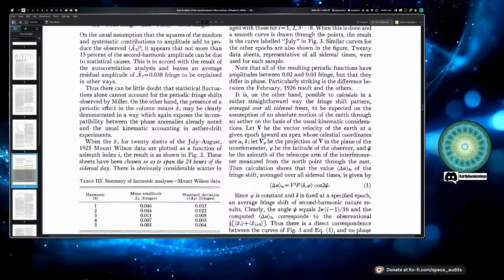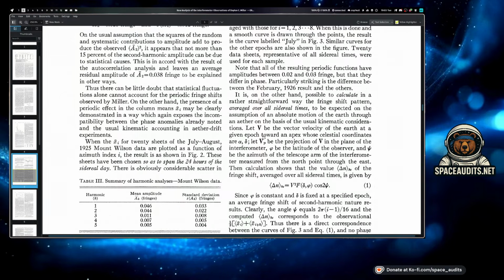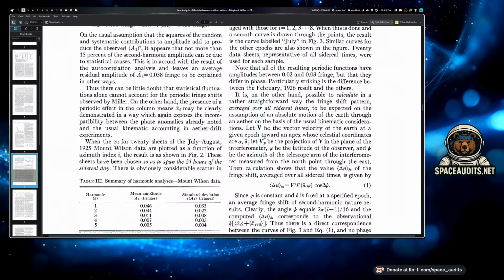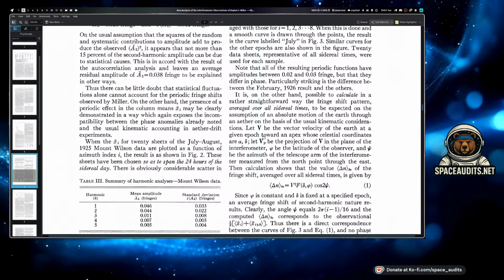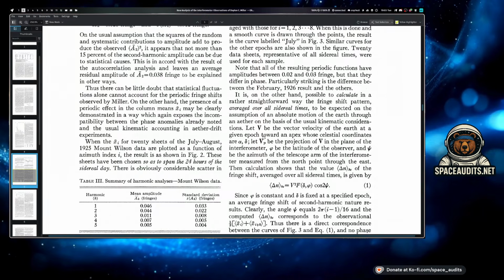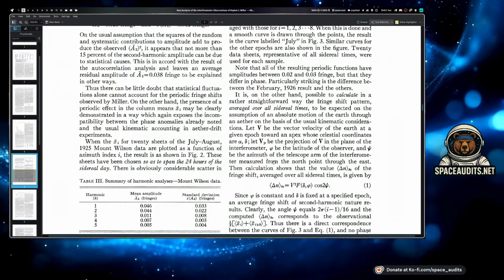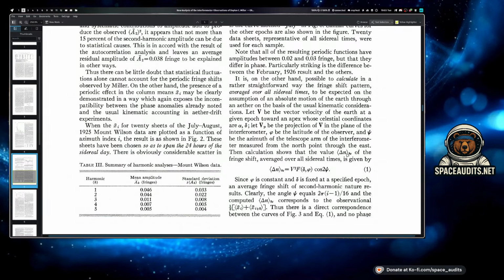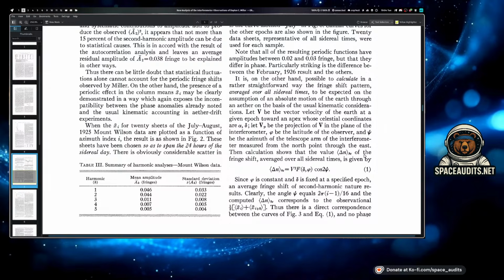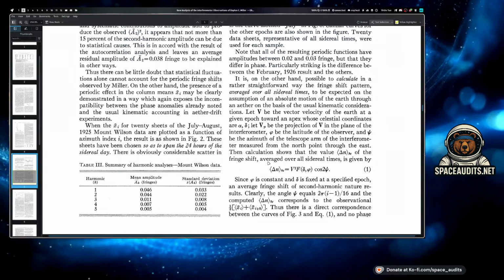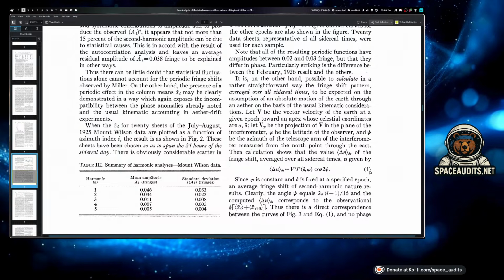Let V sub P be the projection of V in the plane of the interferometer, phi be the latitude of the observer, and psi be the azimuth of the telescope arm of the interferometer measured from the north point through the east. Then the calculation shows that the average delta N sub AV of the fringes over sidereal time is given by equation 1.